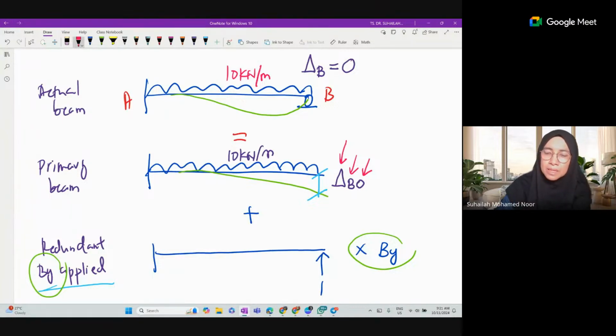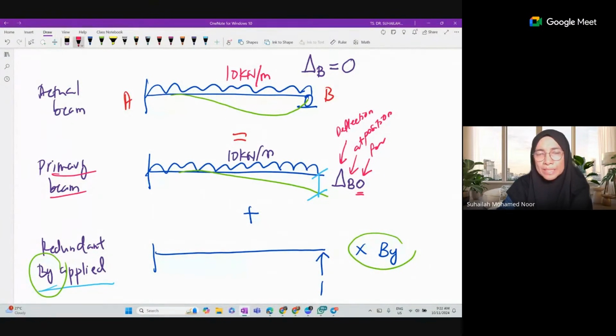Naught is the symbol for primary beam. So delta B naught means deflection at position B for primary beam.